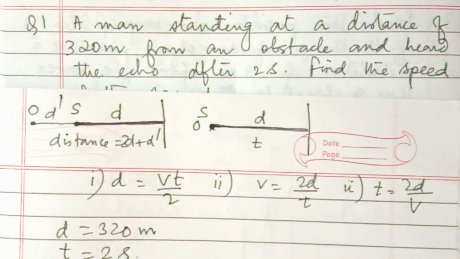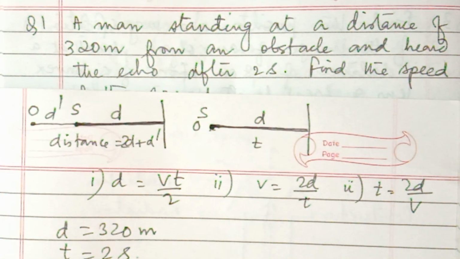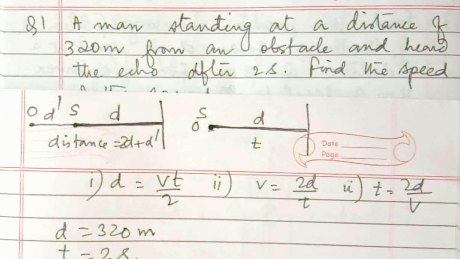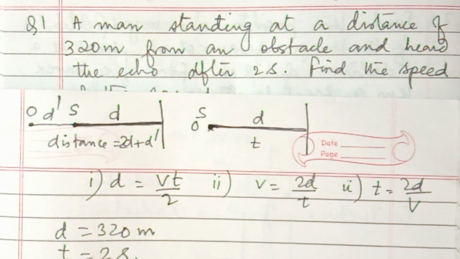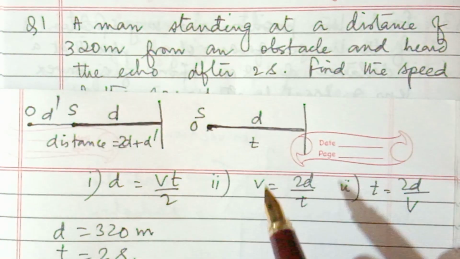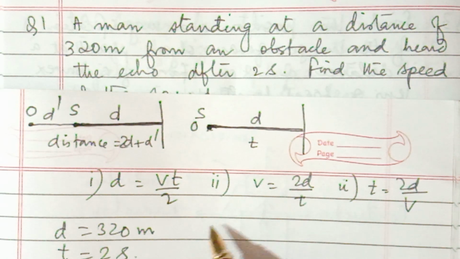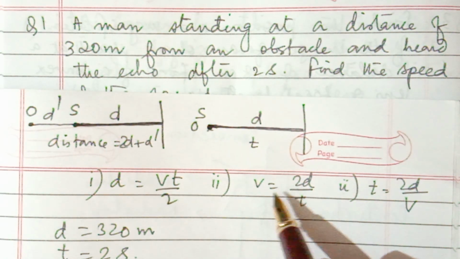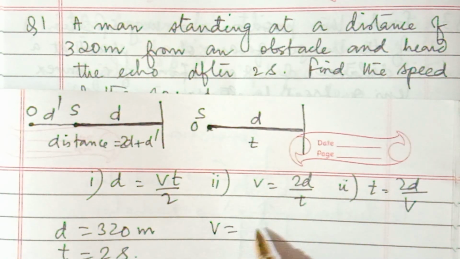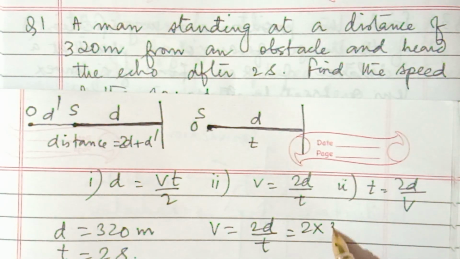The man produces the sound, and he only heard the echo. That means source and observer are at the same place. Then use this formula to find the speed. So v is equal to 2d by t.